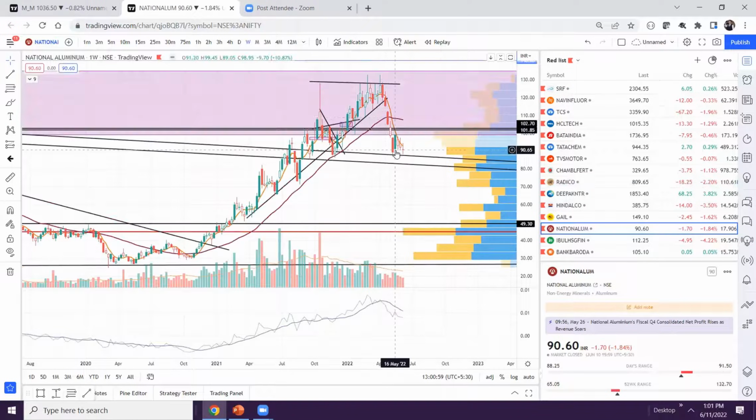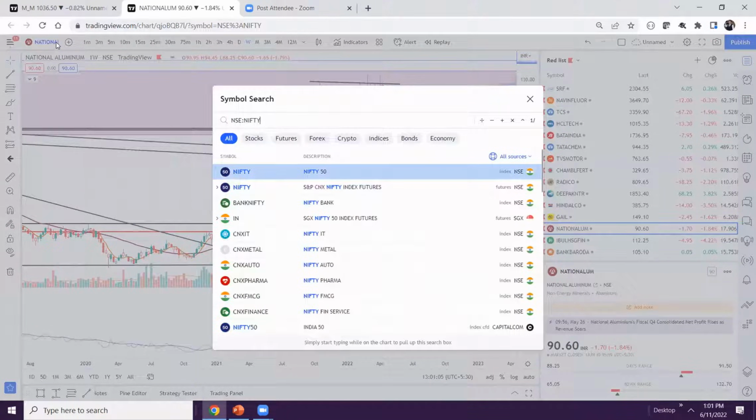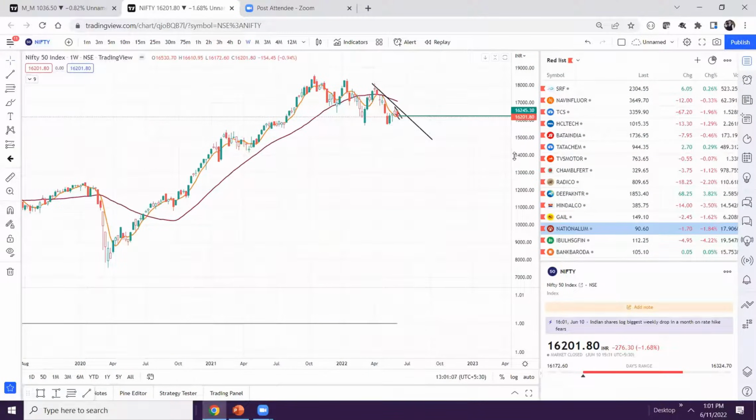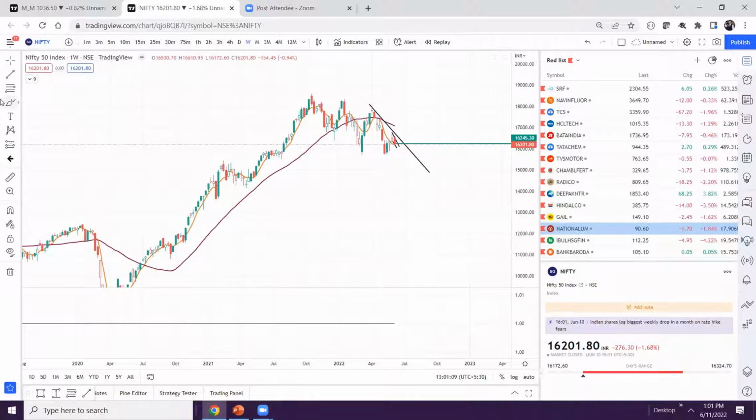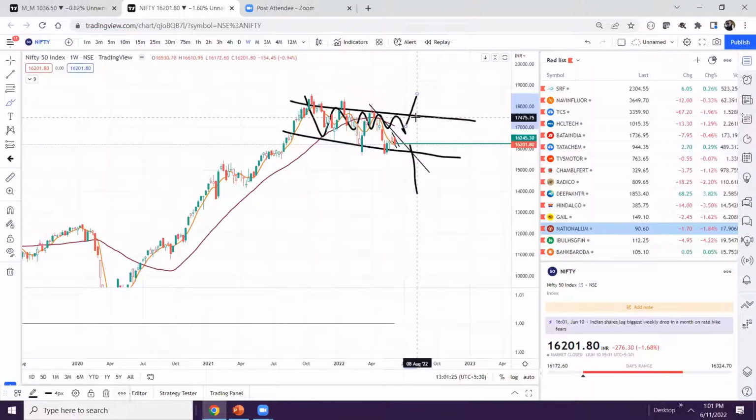Can we apply this on index Nifty? Yes. You can see a range around this, right? Now, if it breaks like this, will you enter? It looks like distribution. You never know. It can go like this also.